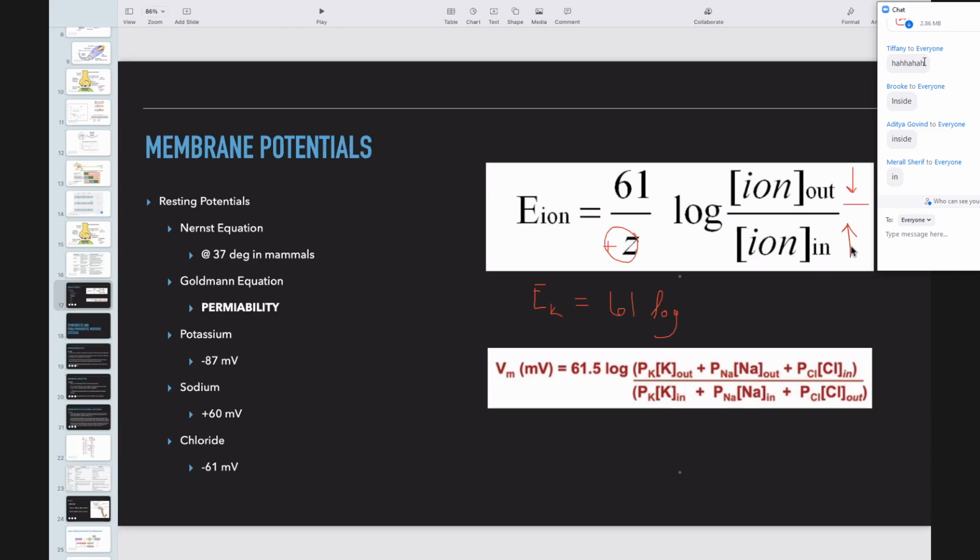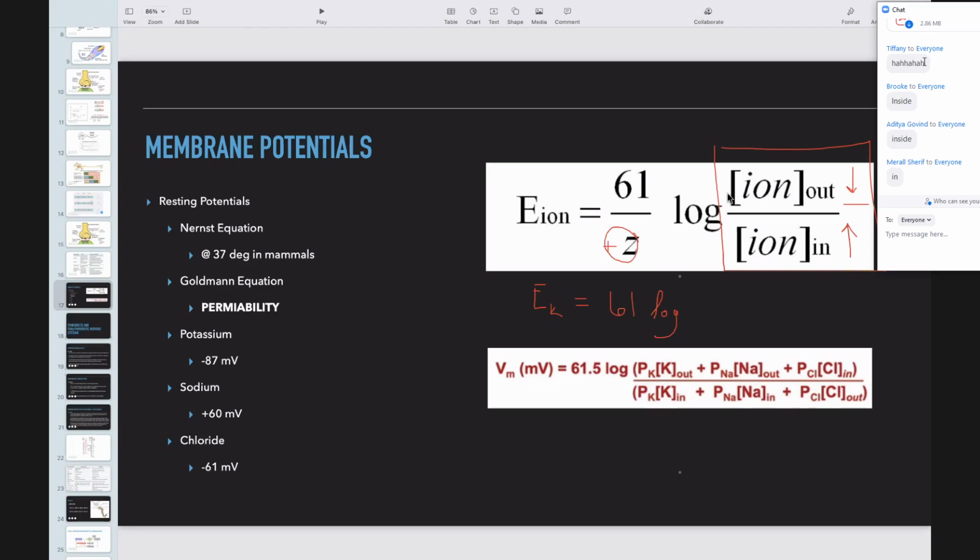If we have a large number on the inside and a small number on the outside, this fraction is going to be less than 1. If we have a big denominator and small numerator, the value will be less than 1. So what's the log of a ratio of less than 1? It's negative. I don't have to do the actual log values.